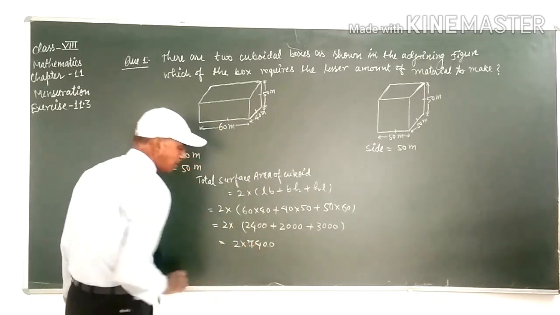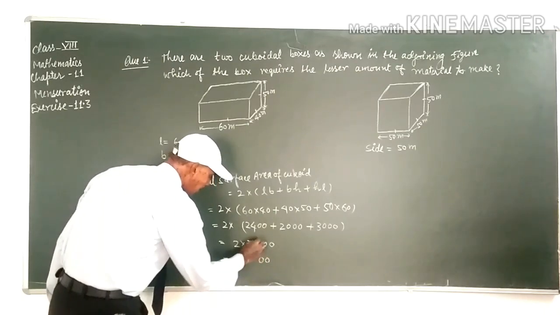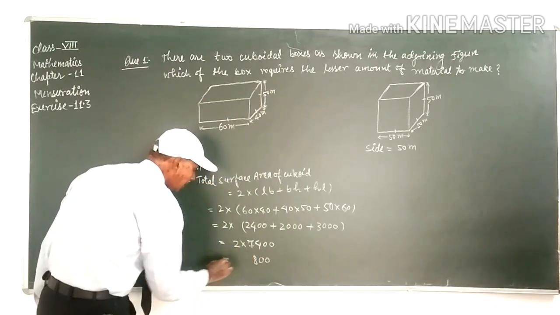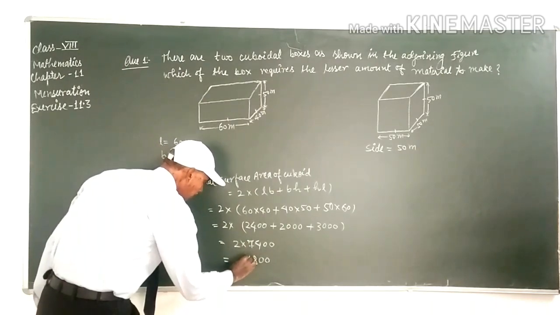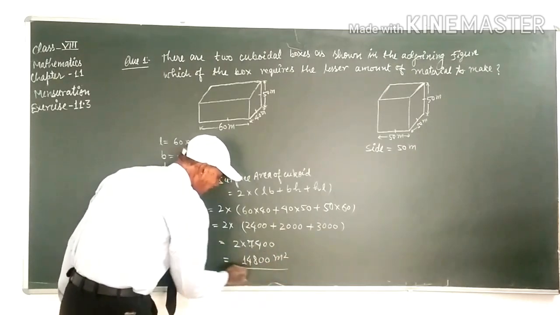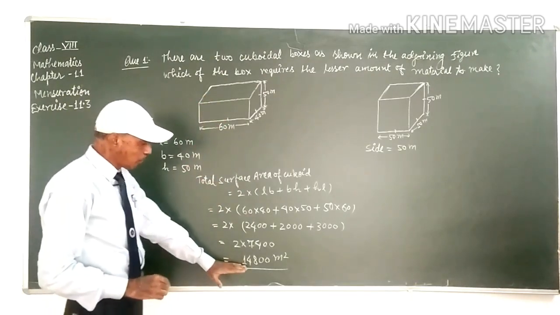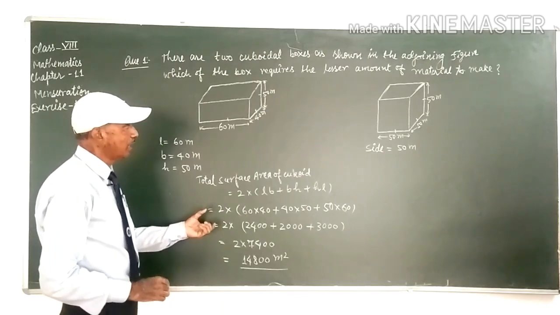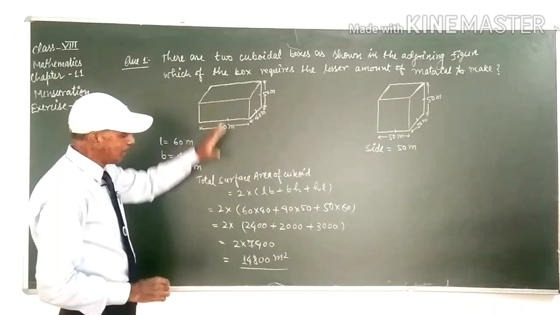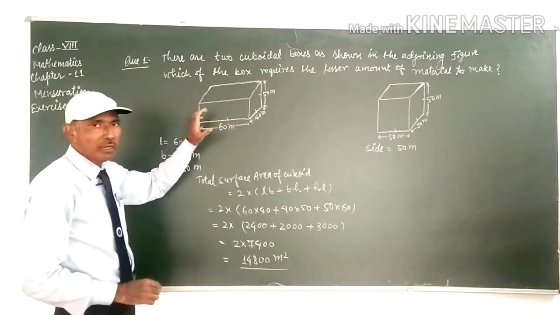Now multiply it by 2, that will be 14,800 meter square. The total surface area of this cuboidal box is 14,800 meter square. It means we need 14,800 meter square of material to make this cuboidal box.